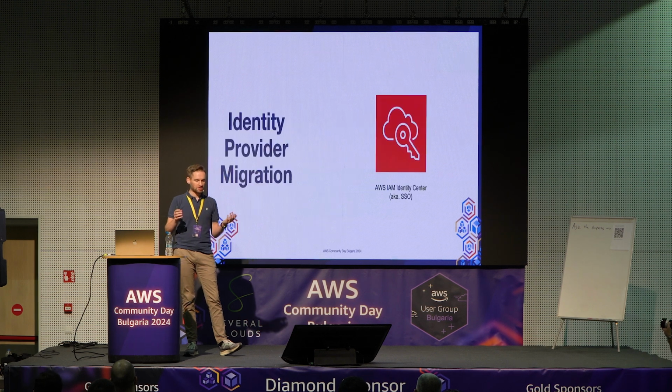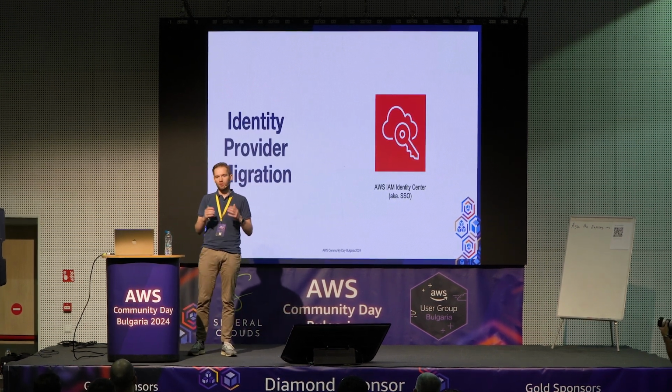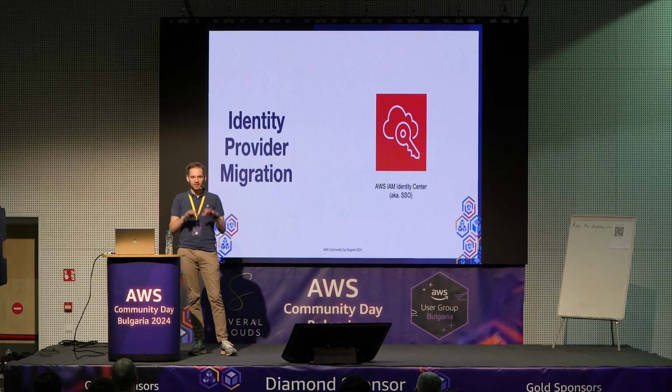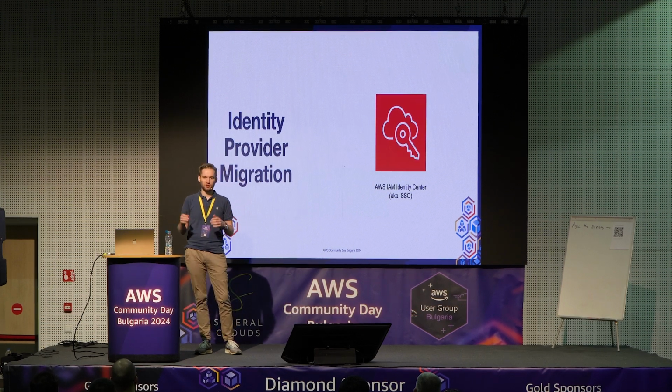I came up with this topic when I was working on a project earlier this year where one of our customers was bought by a different company, a typical mergers and acquisitions topic, where they had to migrate their Identity Center. The Identity Center, formerly known as SSO, is basically what you use to log into your AWS organization if you have a multi-account setup and want to use, for example, your Azure ID or Entra ID to log in.